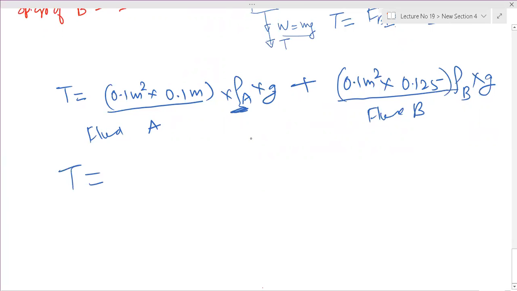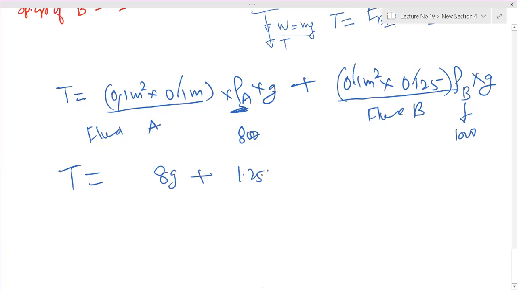Density of A is 800, and B is water, that is 1000. So you can calculate now. This is gone, so 8g plus, this is also gone, 1.25, 12.5.